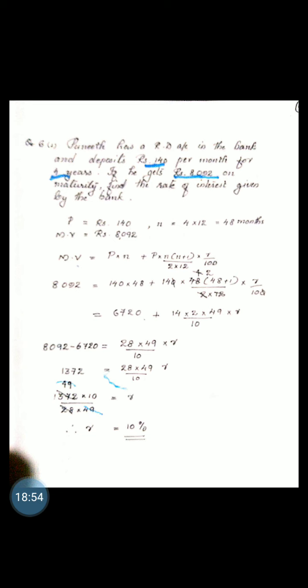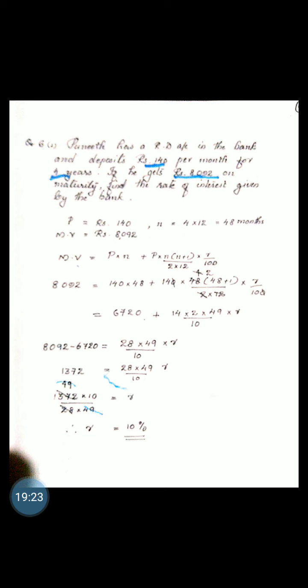Amit deposited rupees 150 per month in a bank for 8 months under the recurring deposit scheme. What will be the maturity value? You have to find out. We want to find the maturity value of his deposits if the rate of interest is 8% per annum and interest is calculated at the end of every month. That means it is a recurring deposit scheme.